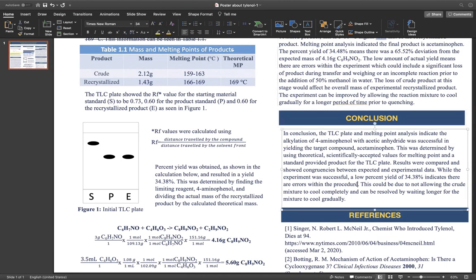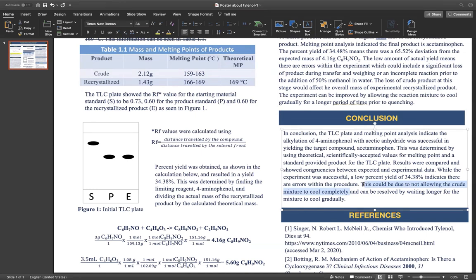Since you guys didn't actually run the experiment, I'm not expecting you to be able to come up with experimental errors. But here it says the experimental error could be due to not allowing the crude mixture to cool completely. That's when it initially recrystallized.